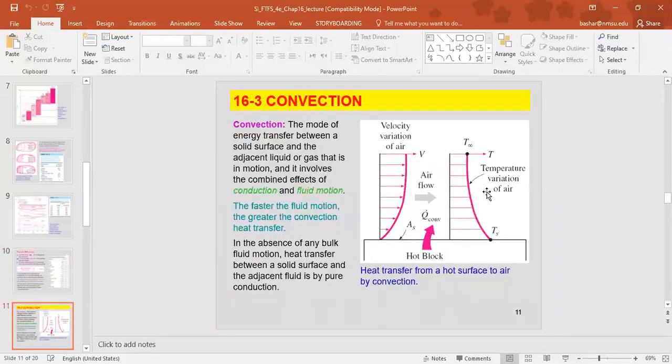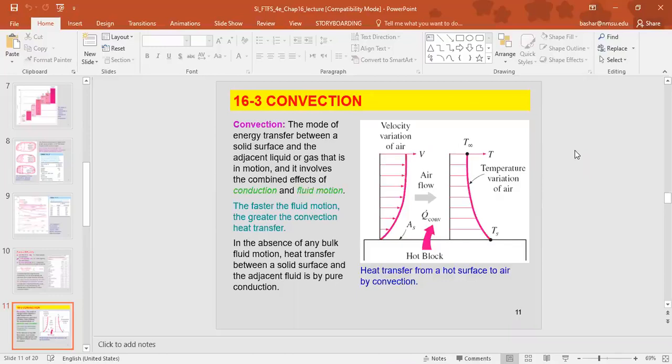Now for the convection, which is the second heat transfer mechanism. Convection is the mode of energy transfer between a solid surface and the adjacent liquid or gas that's in motion.